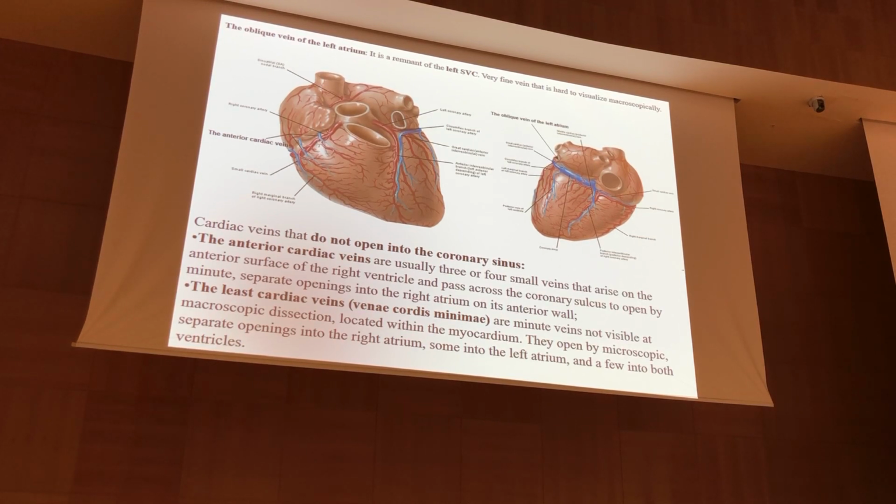You're not going to see them. Basically, they might arise from anywhere and open anywhere, from the right ventricle to the right atrium, from the right ventricle to the right ventricle, and so on. These tiny ones we call the least cardiac veins, or venae cordis minimae, and basically they are microscopic and you're not going to see them.